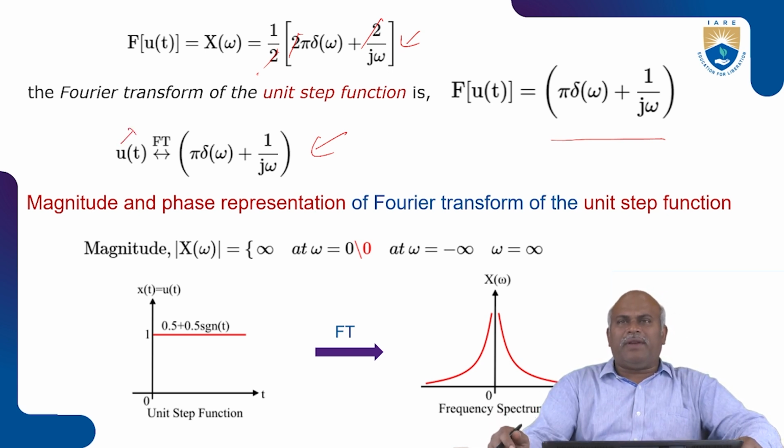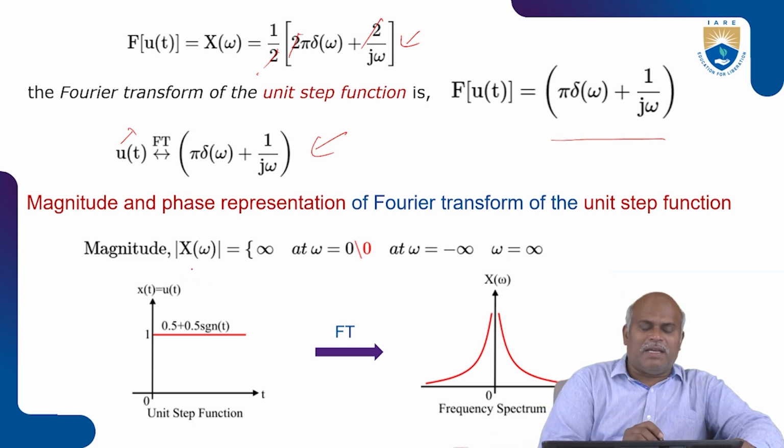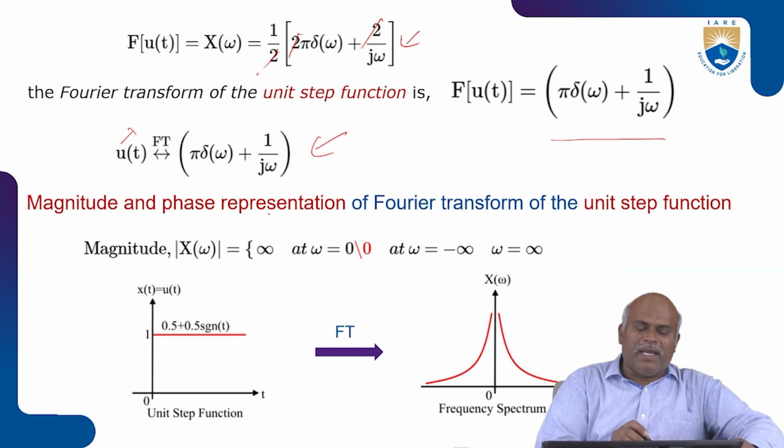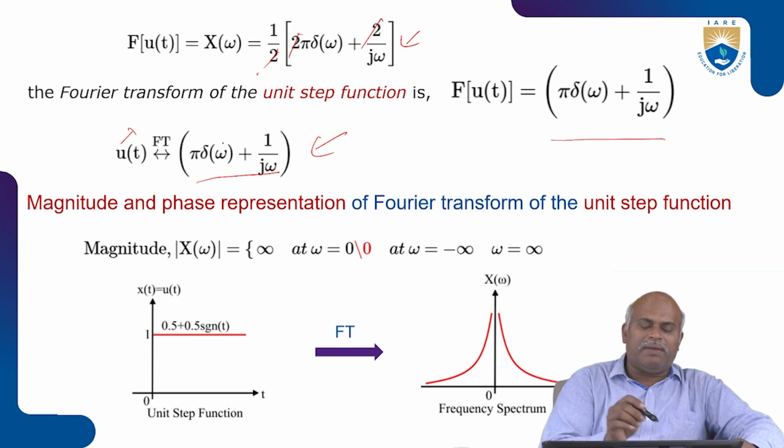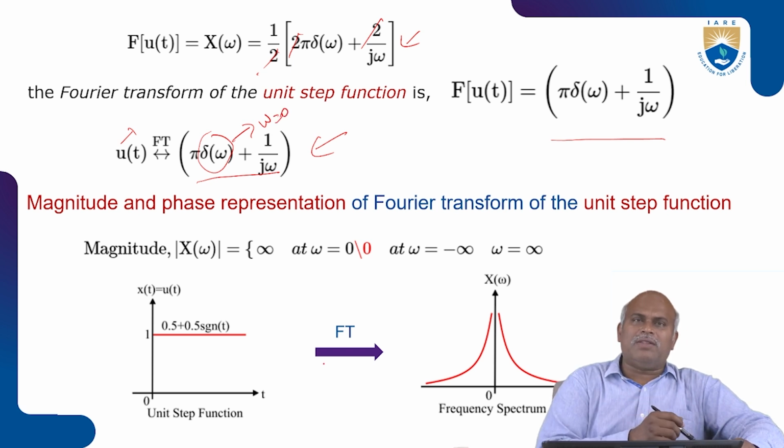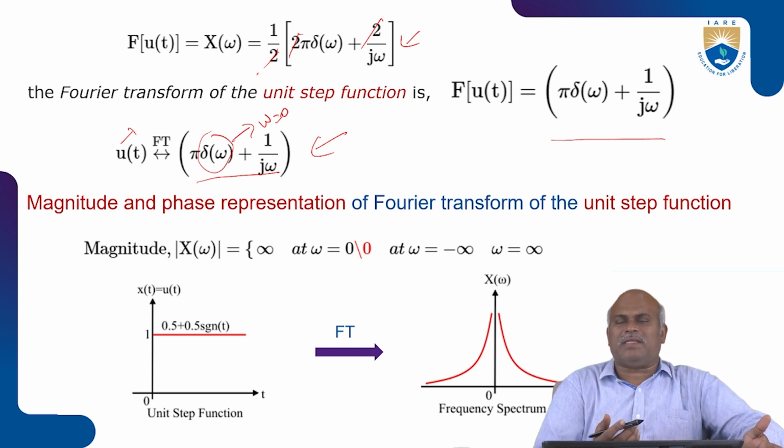Now for the Fourier transform of the unit step function, the magnitude response is represented as infinity. Why? Because in both cases, the real as well as the imaginary parts are there. This delta of omega is only at omega equal to 0. So if omega equal to 0, then the remaining part will not happen.